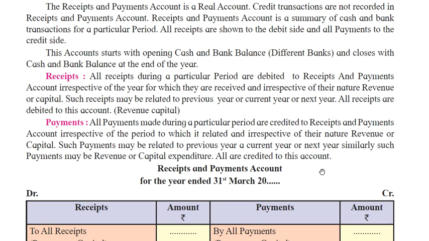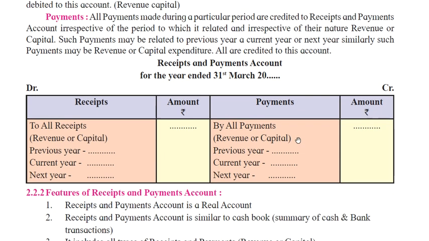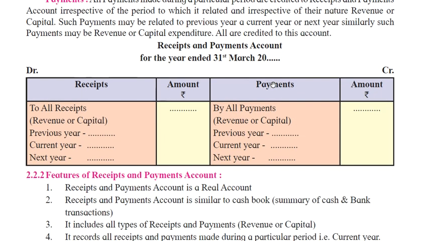Now we'll see the receipts and payments account for the year ended 31st March 2018-19, or whatever the year. On the debit side receipts are coming, and on the credit side all payments. All receipts, revenue or capital, of the previous year, current year and next year are considered.